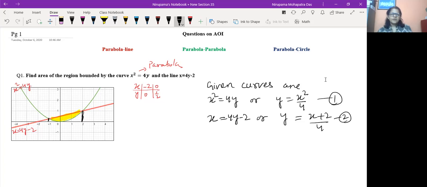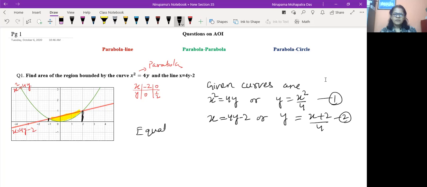We have drawn the rough sketch and shaded the required region whose area we want to calculate. The third step is finding the limits of integration, which means we have to solve the two equations of the curves.